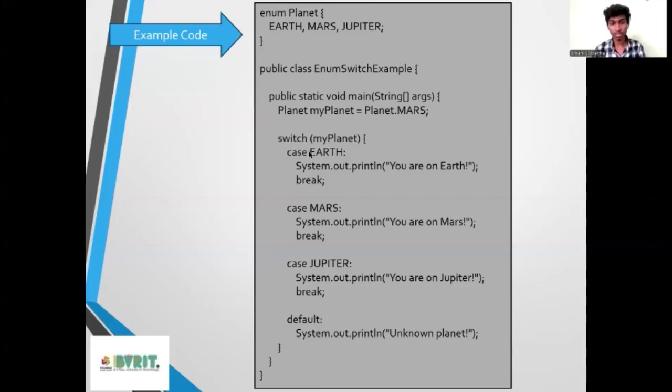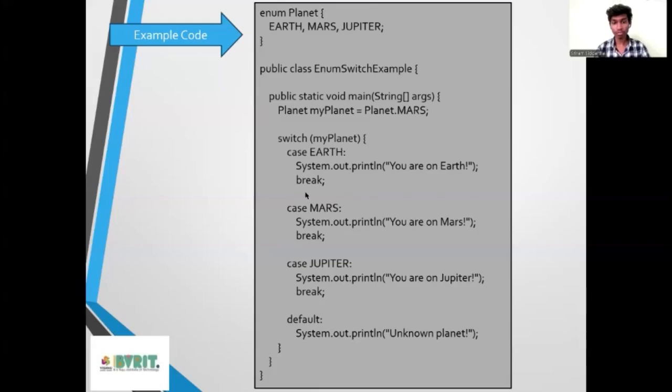Using a switch statement, switch myPlanet uses the planet variable, and we have cases for it. We have case Earth for the first element. We print "You are on Earth", and after this we break out of the switch statement.